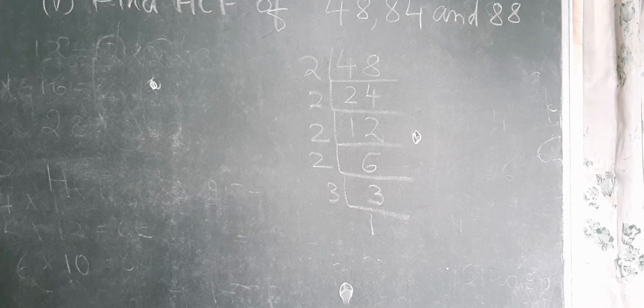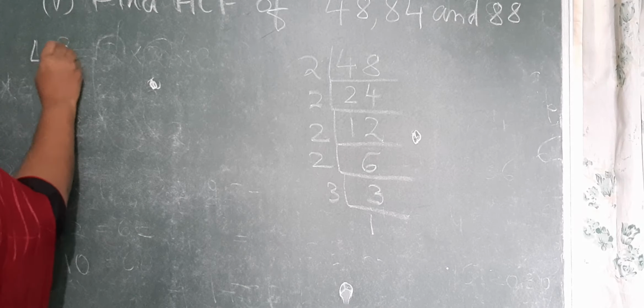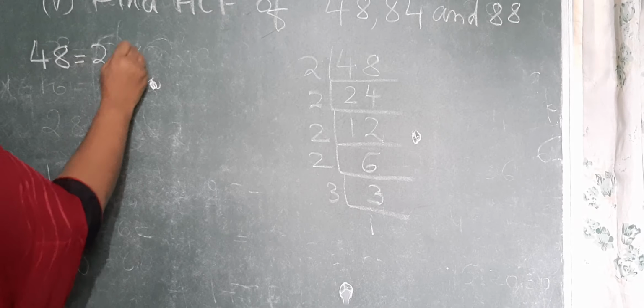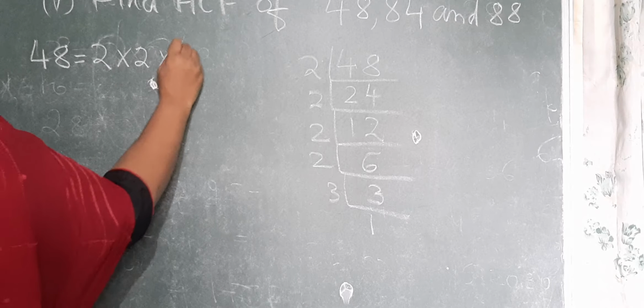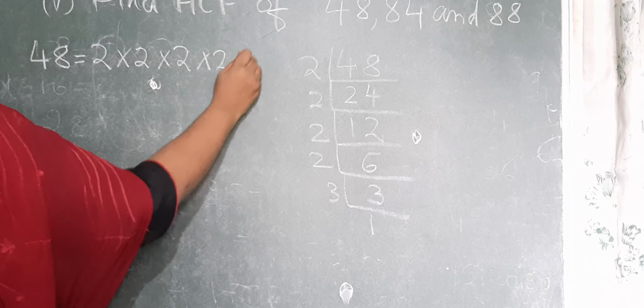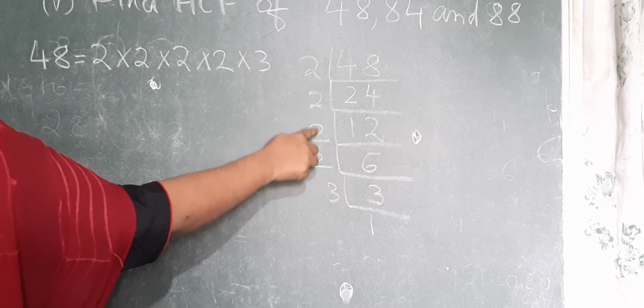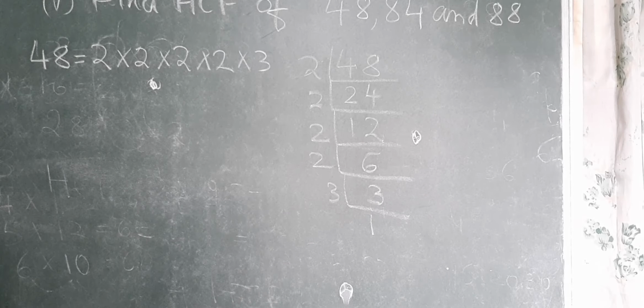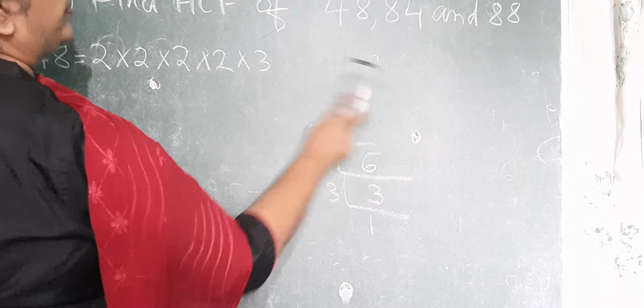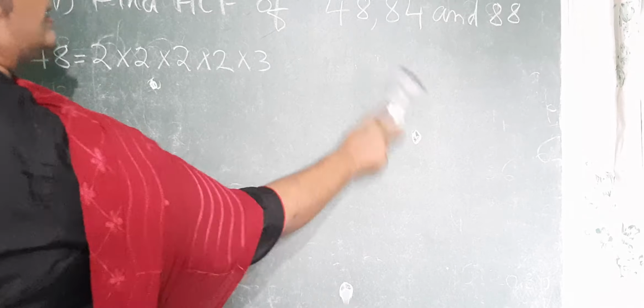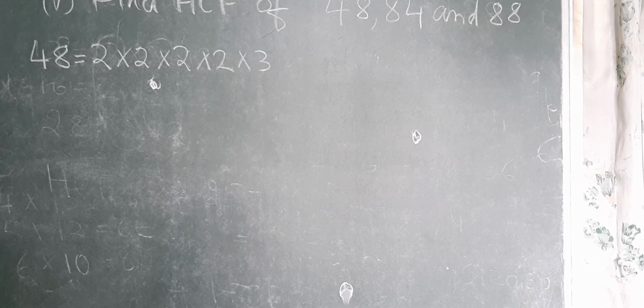Okay, so what are the factors of 48? We will say 48 is equal to 2 into 2 into 2 into 2 into 3. So 4 twos and 1 three. These are the prime factors of 48. Now we will see 84.